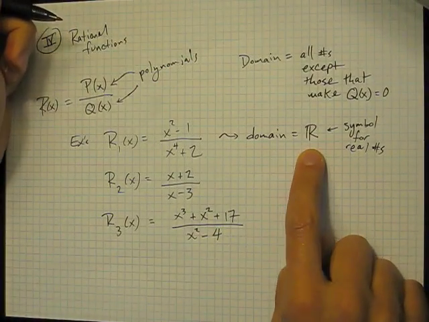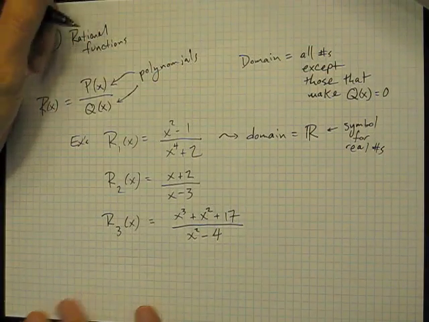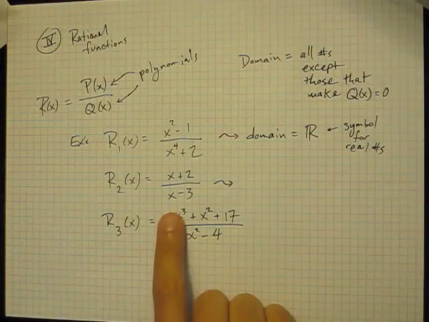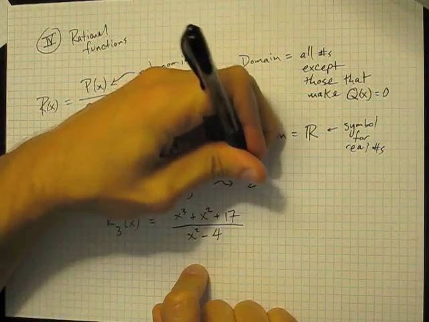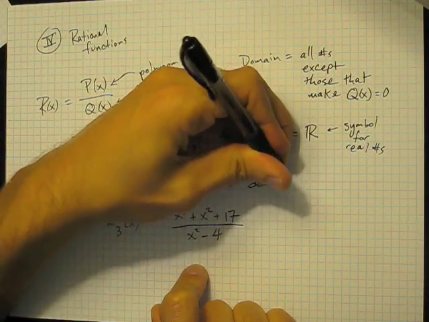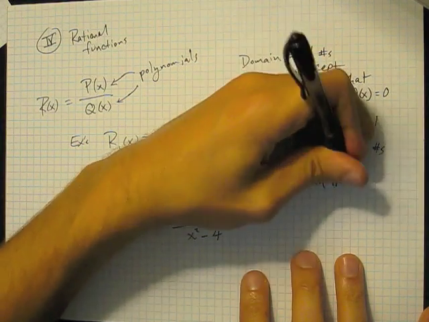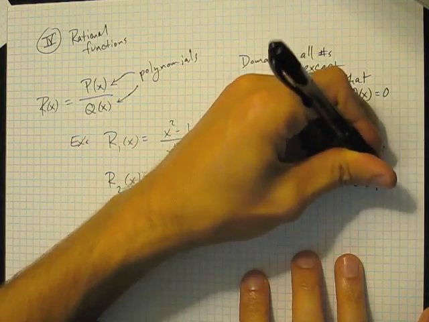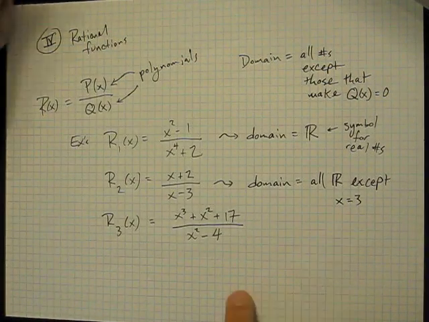It looks like an R, and then you just draw another slash through the R. The domain for this one here is all real numbers except for 3. So x equals 3, not allowed.